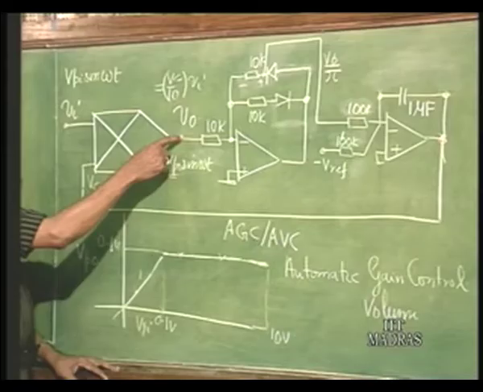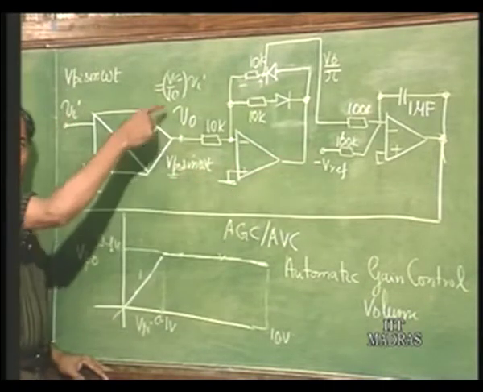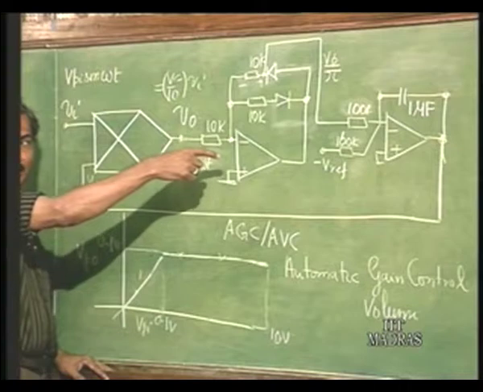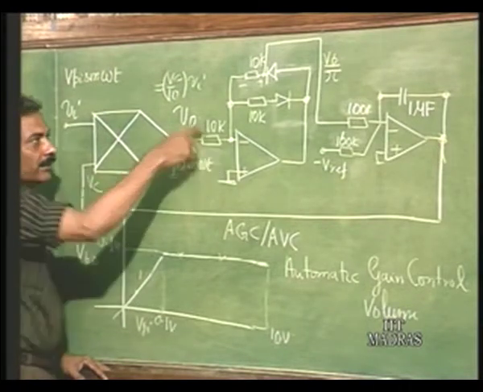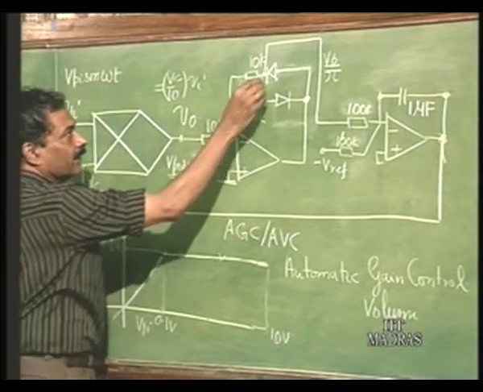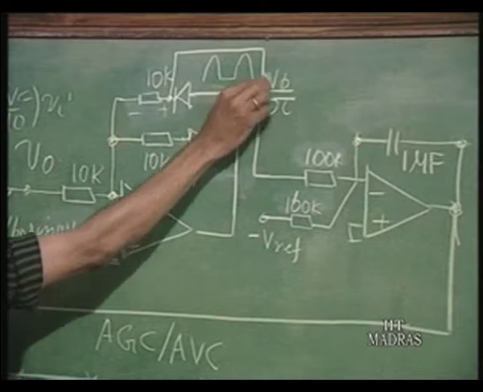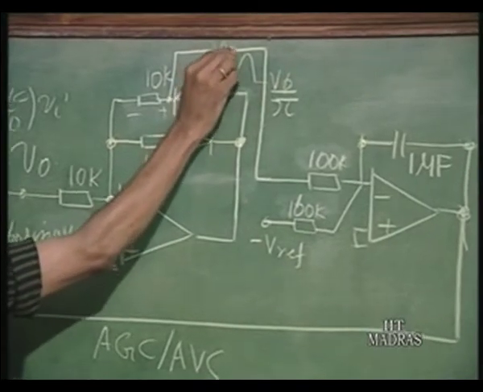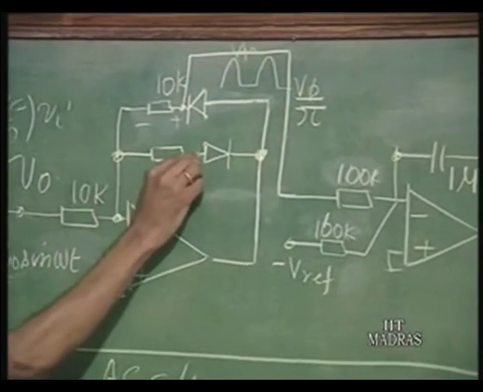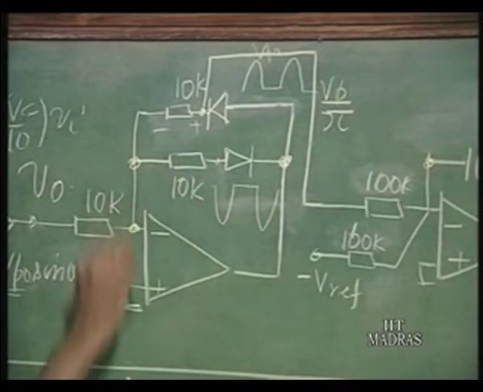Now, the output is sensed by this precision rectifier, which we had demonstrated in yesterday's class. This is the precision rectifier, so that this sine wave gets rectified here, the positive half cycle appears here with V P naught as the peak voltage and negative half appears here. This we had seen.